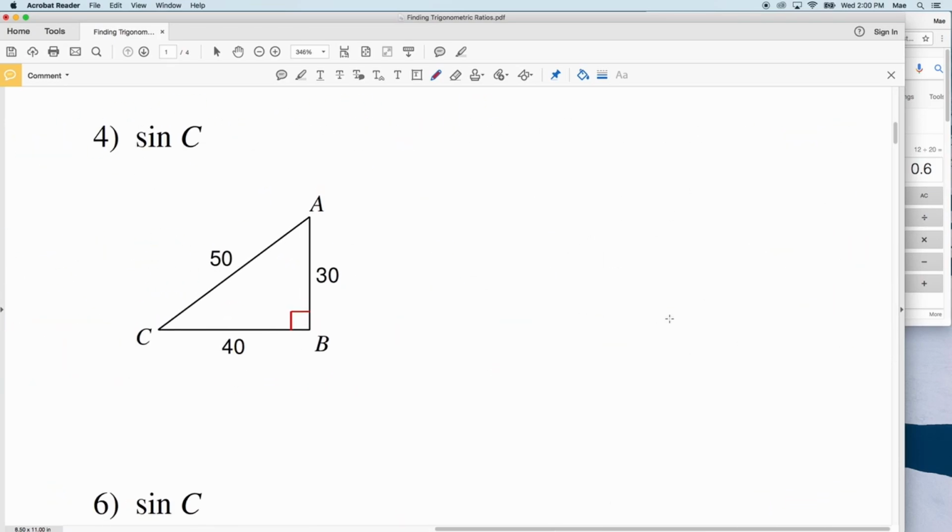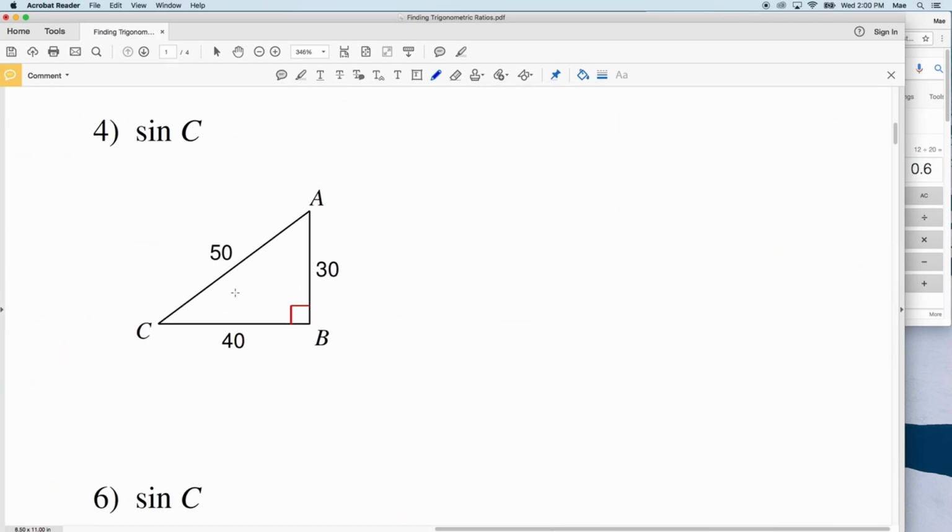In 4, we have the sine of C, so our angle is C, and we're using sine. Remember, sine is opposite over hypotenuse.